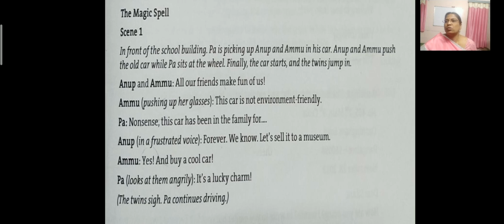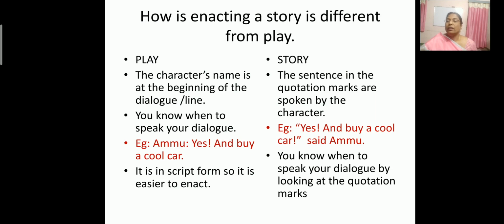In a play, the character's name will be at the beginning. Again, we'll go to the next one. Then you know when to speak your dialogue. When the character name is there, you will know when you have to speak your dialogue. It will be very easy. See here, I gave the example also. Amu: Yes, and buy a cool car. So that is Amu's dialogue, at the beginning of the line.